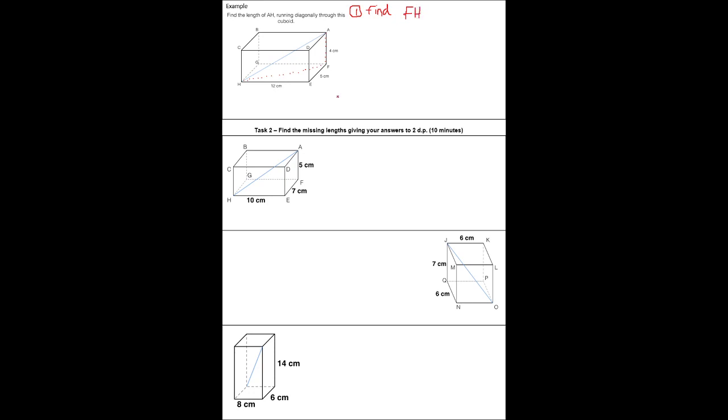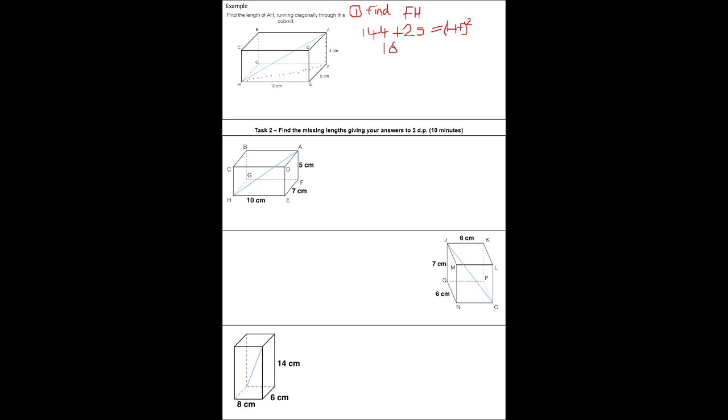Okay, so to do that, we know that it is going to be 12 squared plus 5 squared equals HF squared. So 144 plus 25 equals HF squared. Yeah, that's going to give me 169. So 169 is a square number.